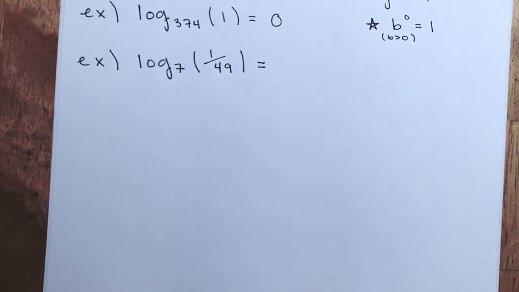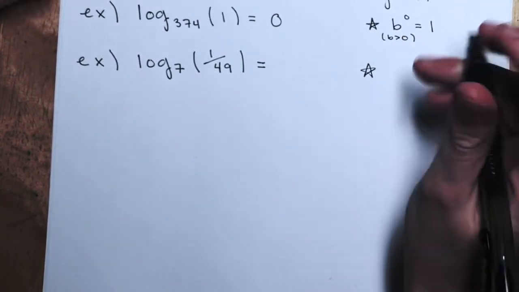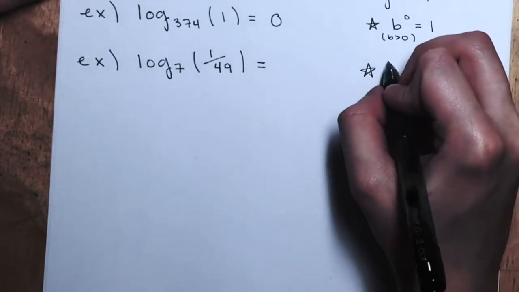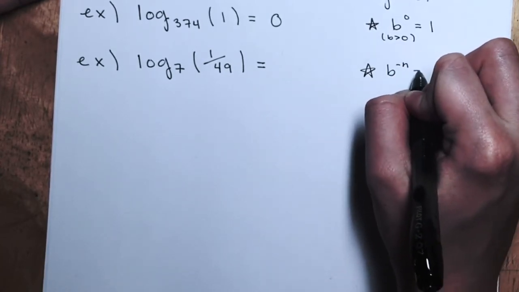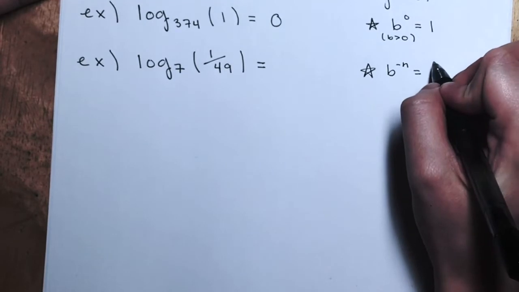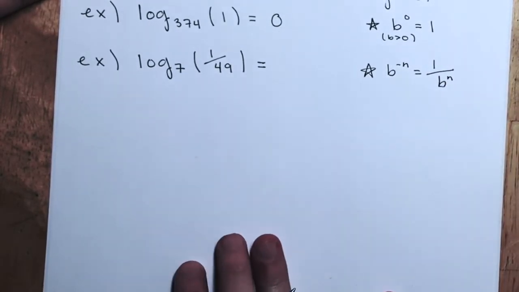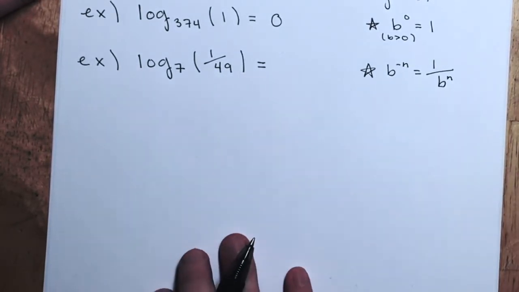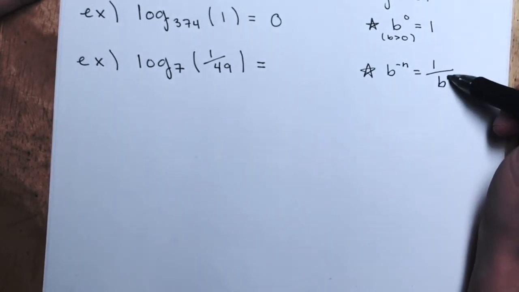Just want to refresh these rules in our mind. The rule that we want to use here is this one. Remember, b raised to the negative n is the same thing as taking the reciprocal of b to the n. That negative means that we want to take the reciprocal. So b to the negative n equals 1 over b to the n.